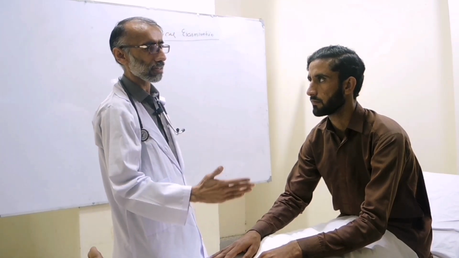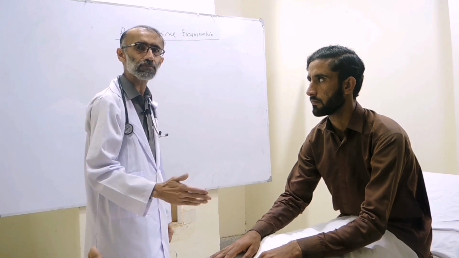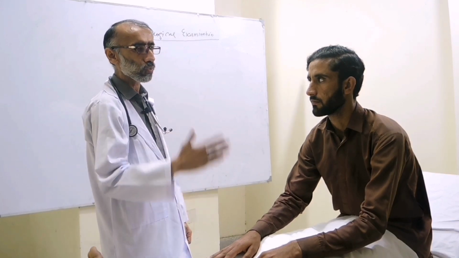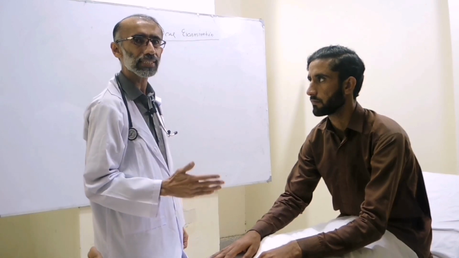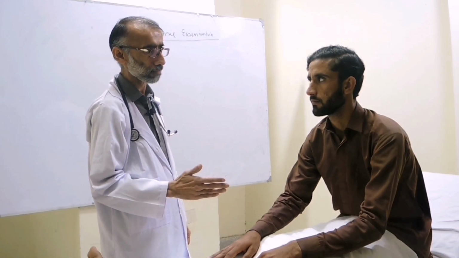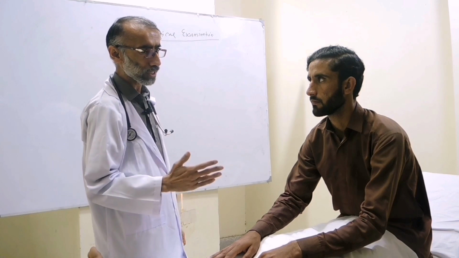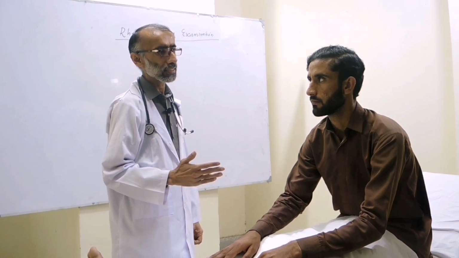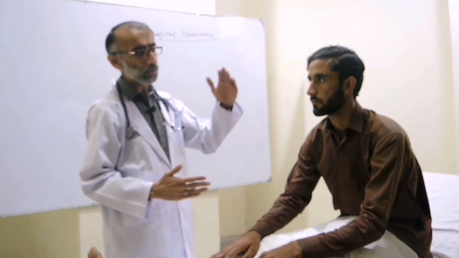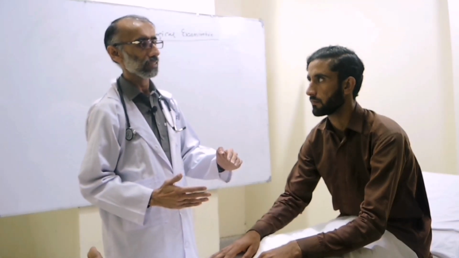All the ipsilateral side of the face will be affected in case of lower motor neuron type lesion of facial nerve palsy, while in upper motor neuron type lesion only the lower face will be affected.